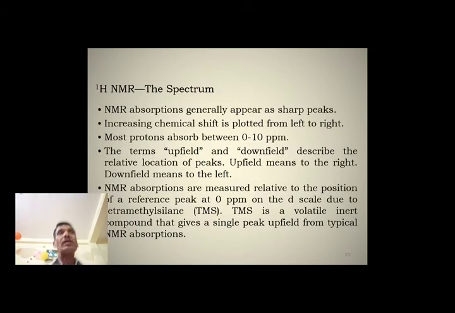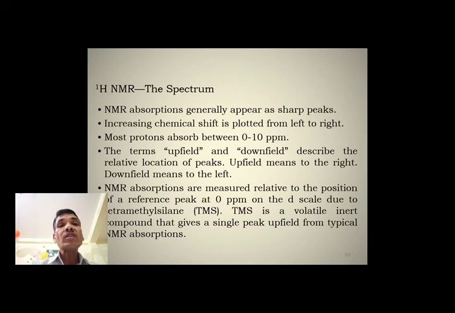In H1 NMR, the absorption generally appears as a sharp peak. Increasing chemical shift is plotted from left to right, that is from 0 delta value to 10 delta value, and most protons absorb between 0 to 10 ppm.